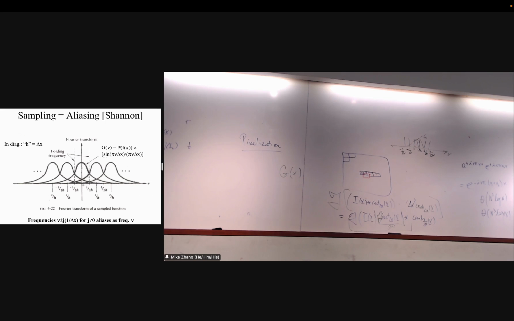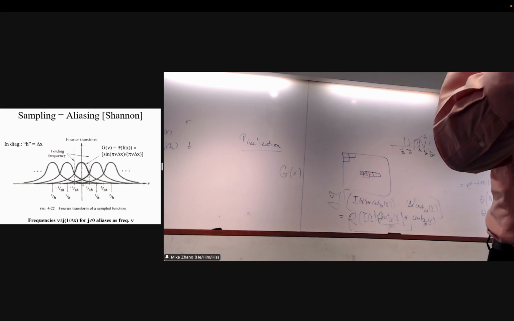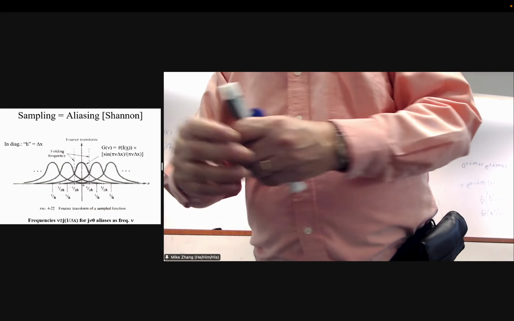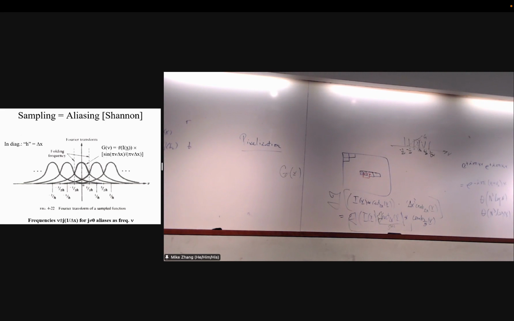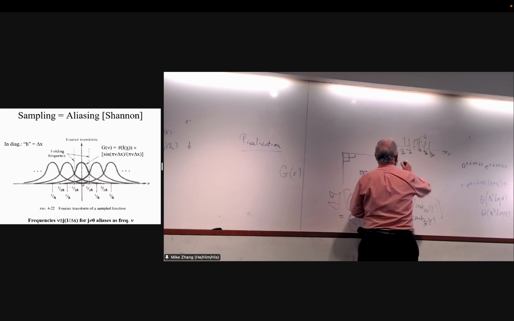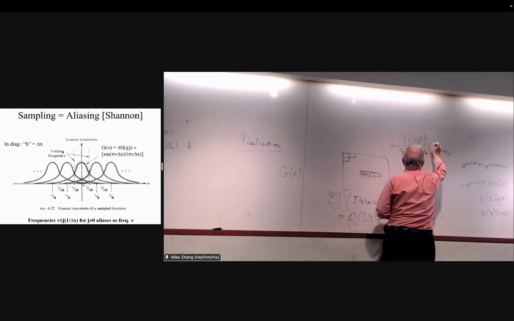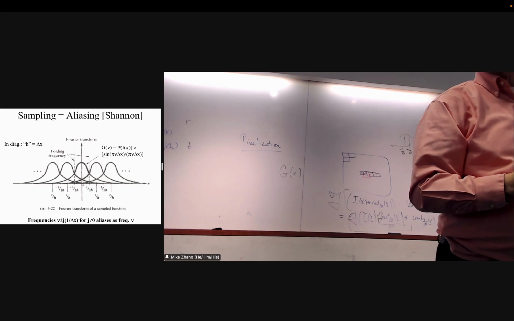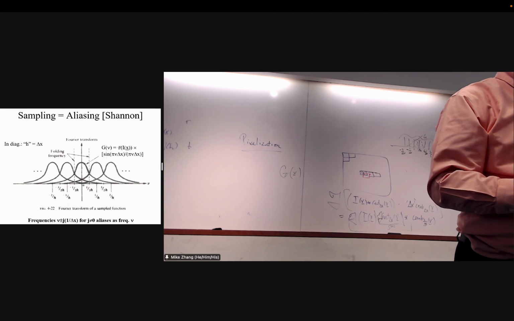And the result is the superposition of all of these: a shifted G by 1 over delta x, another shifted G centered at 2 times 1 over delta x, another shifted one at 3, one centered at minus 1 times 1 over delta x, and so on, right? And all these add up. And so you get some periodic looking function with the period of 1 over delta x. That's the sum of all these G's.